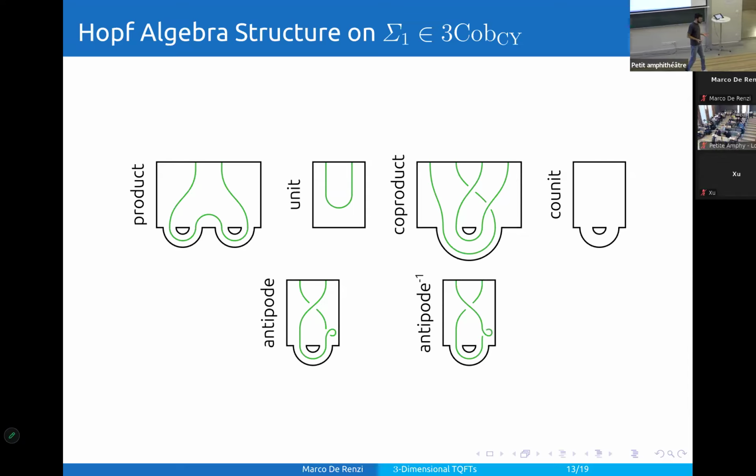If you don't have any closed components, the only moves you need are isotopies. So you can check that this is a Hopf algebra just by doing isotopies on compositions of tensor products of the generating morphisms.